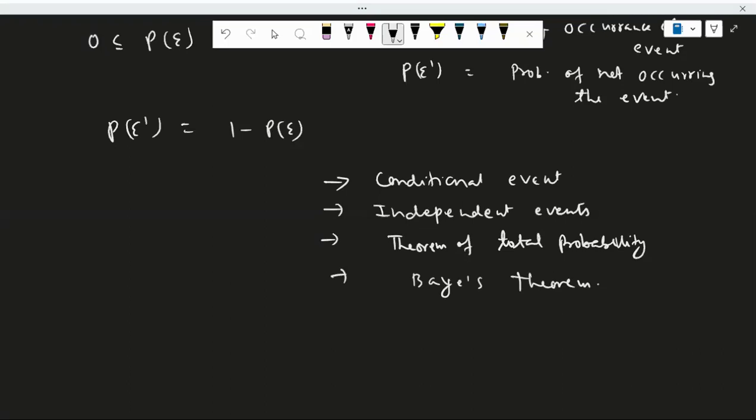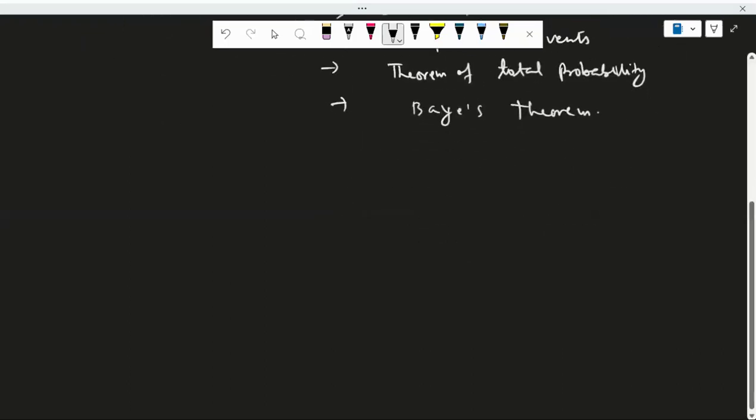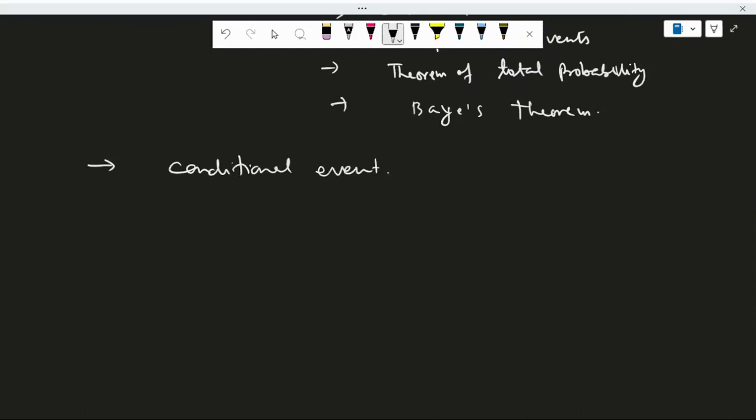So starting with conditional event. When the probability of occurrence of an event, say A, is considered while B has already occurred, such type of event is called a conditional event.